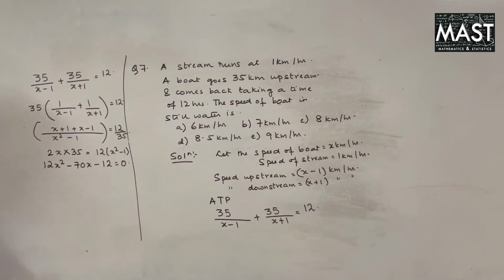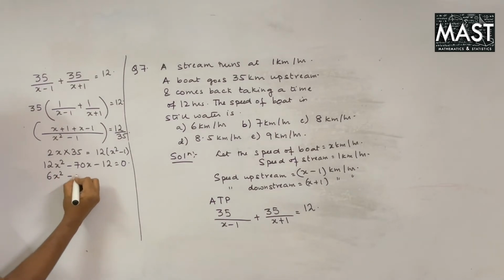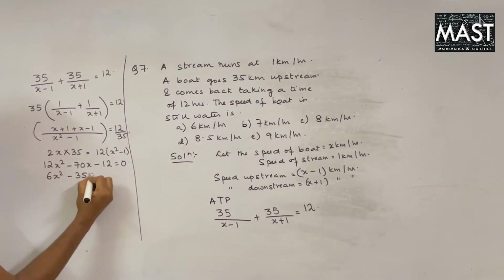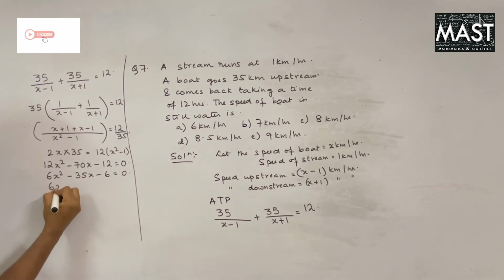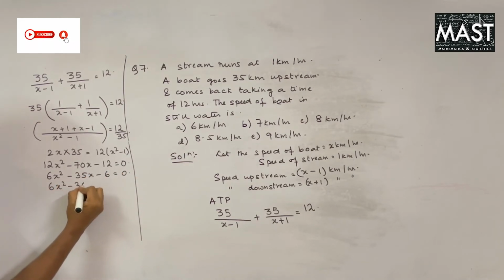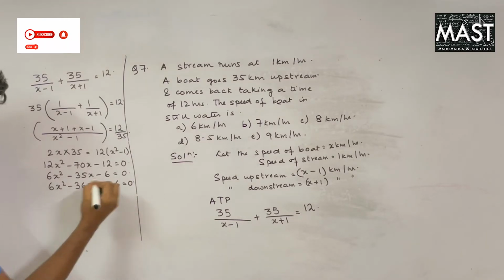So we get a quadratic equation in the form 12x² − 70x − 12 = 0. If we simplify this, we'll get 6x² − 35x − 6 = 0, or 6x² − 36x + x − 6 = 0.